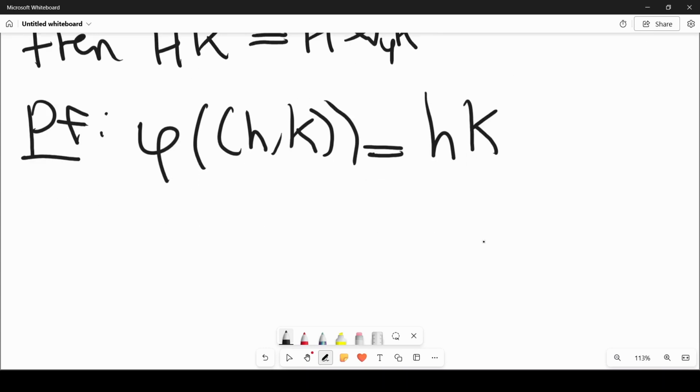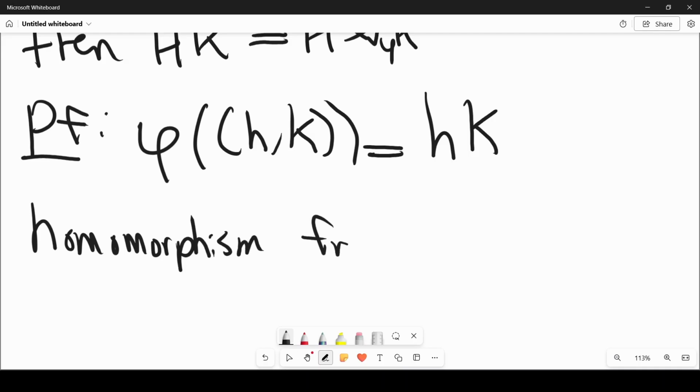So this map is well defined, and it's a homomorphism basically from construction of the semi-direct product. If you want to verify this, please try it out. But kind of from the way we constructed the product and the semi-direct product makes this a homomorphism from construction.